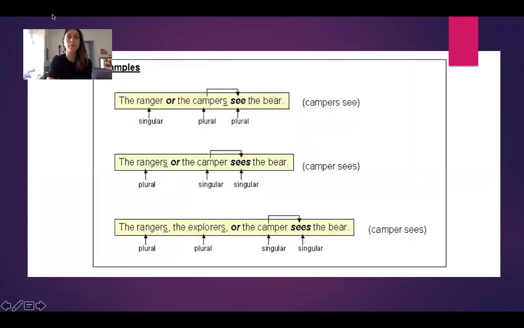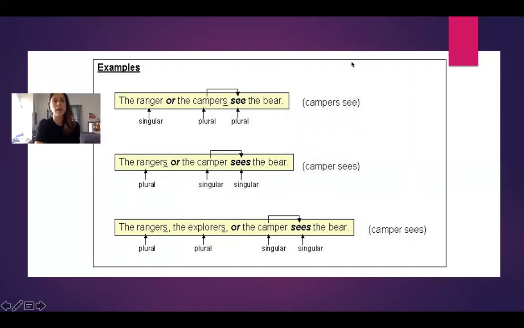Here are some other examples. Now this gets a little bit more complicated. You know that we're using the conjunction or here, so we need to think about what we are focusing on. The ranger or the campers see the bear. Since we have see here, this is our verb, right?